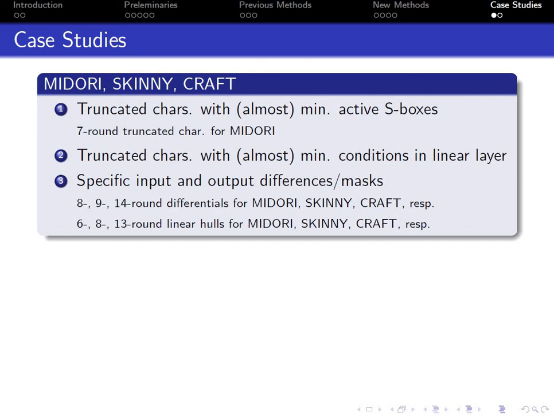And in the case of linear hulls, we found 6-round for MIDORI, 8-round for Skinny, and 13-round for CRAFT. Comparing to previous results, we found a 9-round differential for the Skinny block cipher, which previously was only 8 round, and we improved some of the probabilities for the same number of rounds in the other cases.